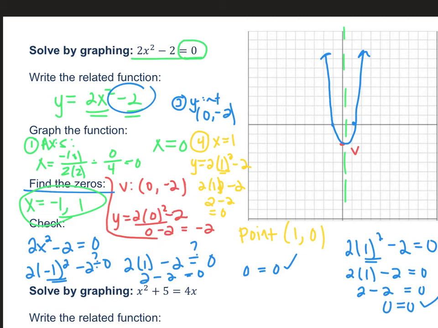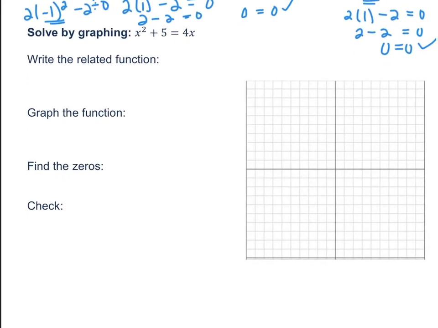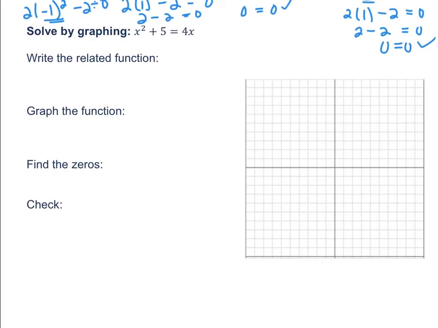All right, let's try another one. So I'm going to scroll up. We'll ignore all that other writing we see. Solve by graphing. x squared plus 5 equals 4x. So write the related function. We do want to start by putting everything on the same side and 0 on the other side.